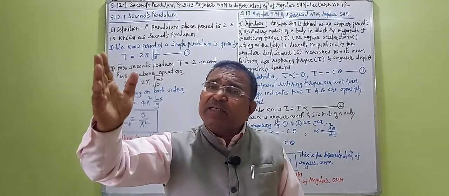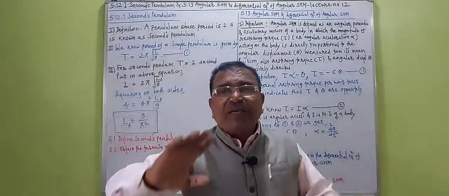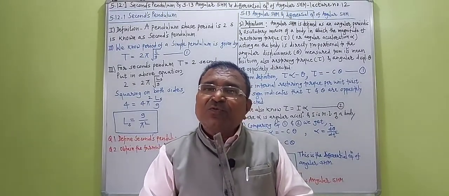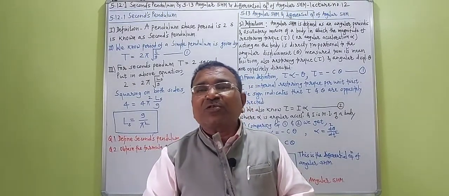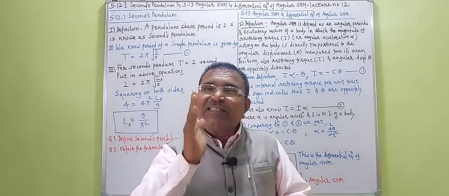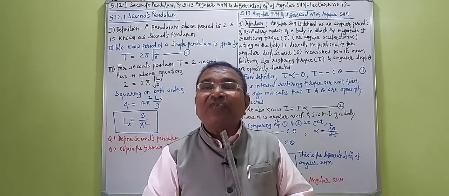There, F is directly proportional to minus x in case of linear SHM. Make a comparative study. In case of angular SHM, tau is directly proportional to minus theta. That tau is called restoring torque, and theta is called angular displacement.